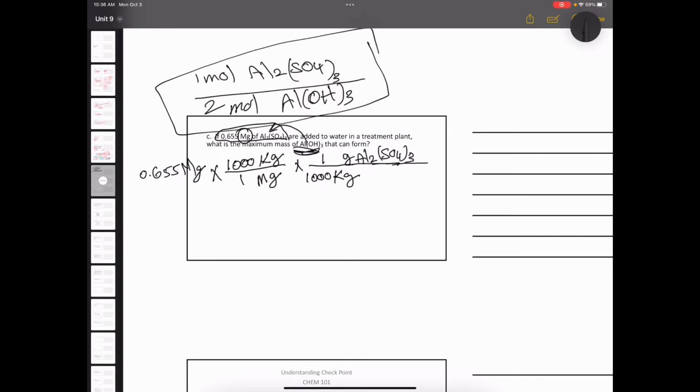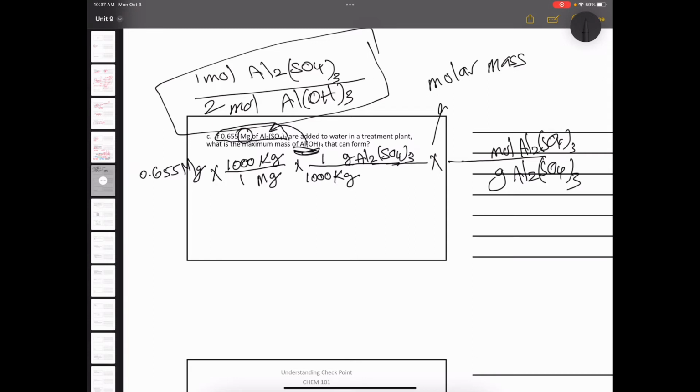Okay? So now, in order to start using the mole-to-mole stoichiometric relationship, I need to convert the grams of Al2SO4 into moles of Al2SO4. Well, how do I do this? Using the molar mass. So I need mole Al2SO4, and I have gram Al2SO4, so I can cancel out the grams of Al2SO4.